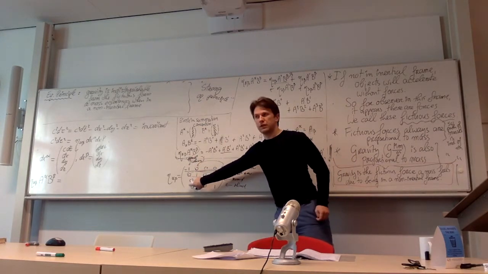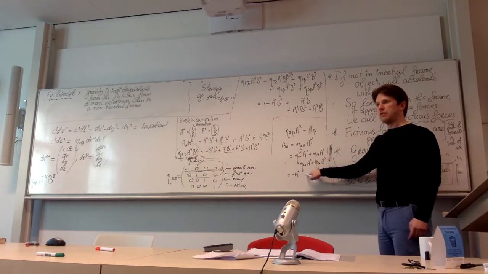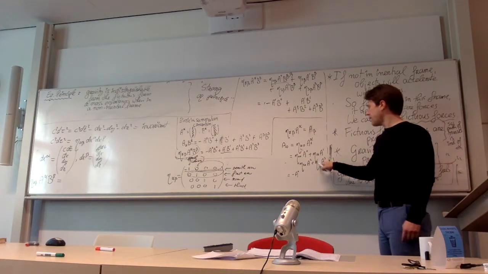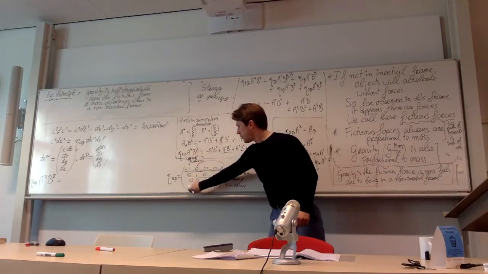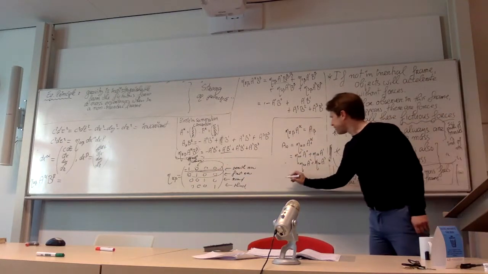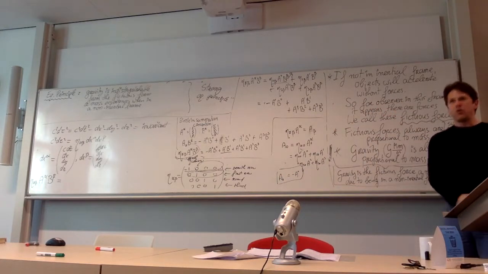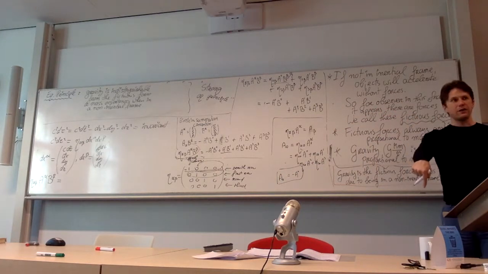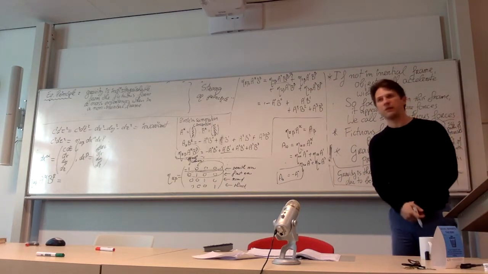That's another 0, so this is 0 times a^2 plus 0. Last one, eta 3,0, third row, 0th column, another 0. So apparently a_0 with the index downstairs is the same as minus a^0 with the index upstairs.